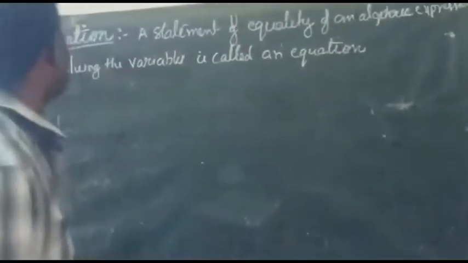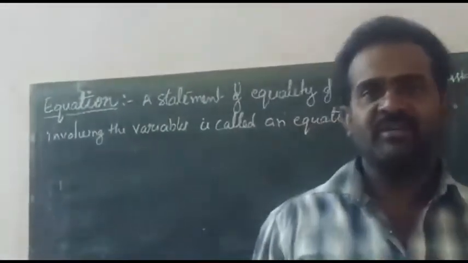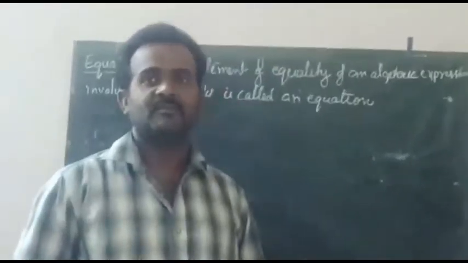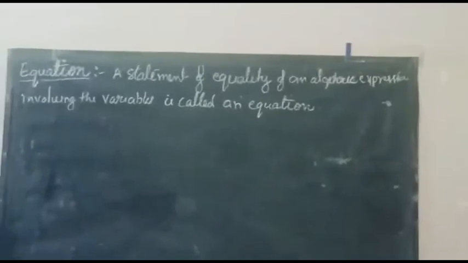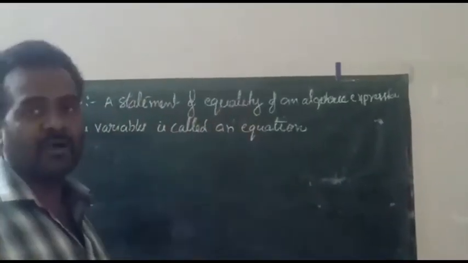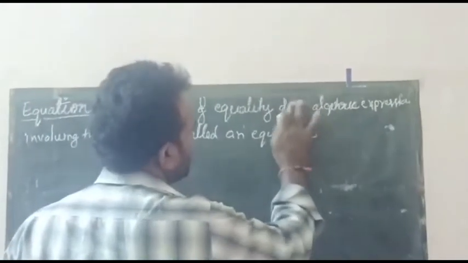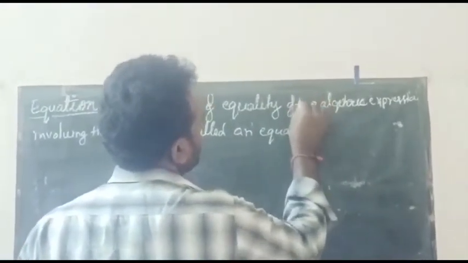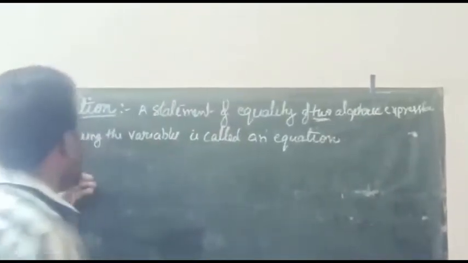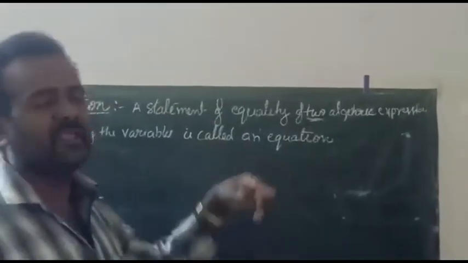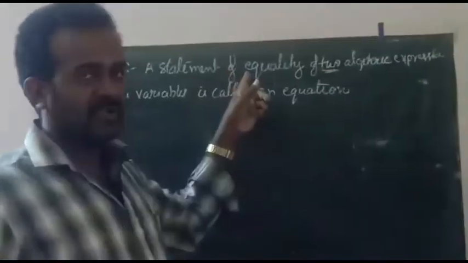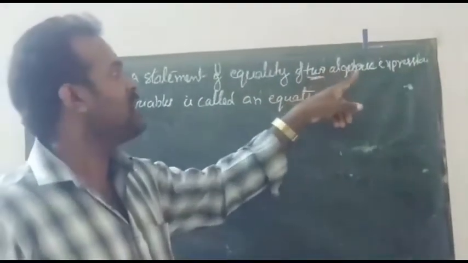What is the equation? A statement of equality of two algebraic expressions involving the variables is called an equation. Here it is two, two algebraic expressions.